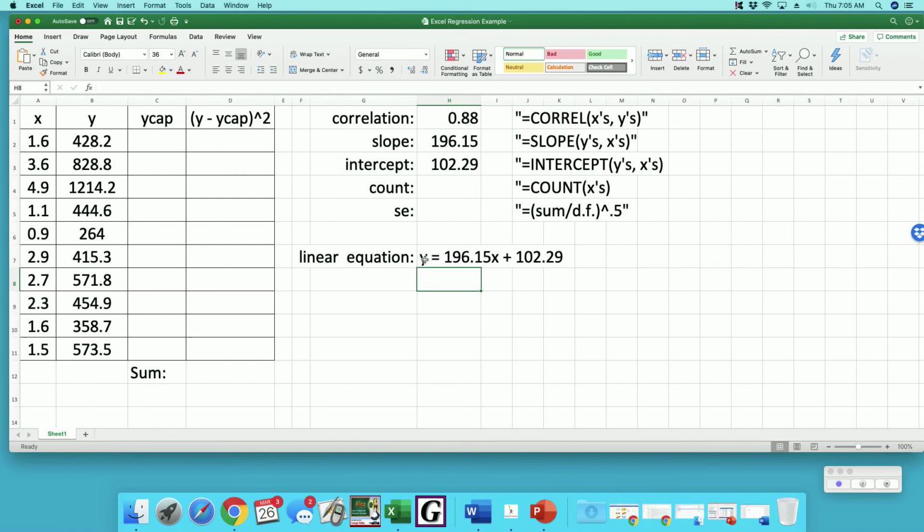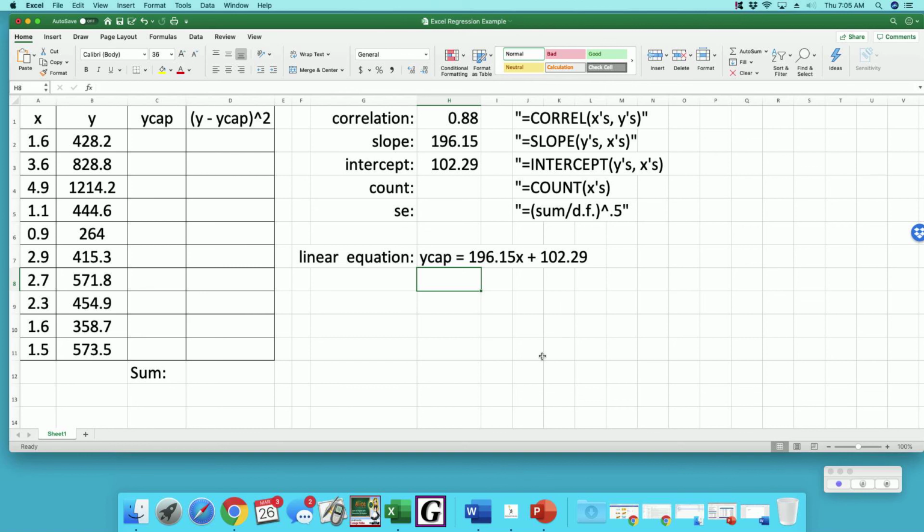So this y right here, which I'm going to change, I'm going to call this y-cap. So y-cap is calculated using our linear equation. These are all the points that make up that straight line that goes through our scatter plot.